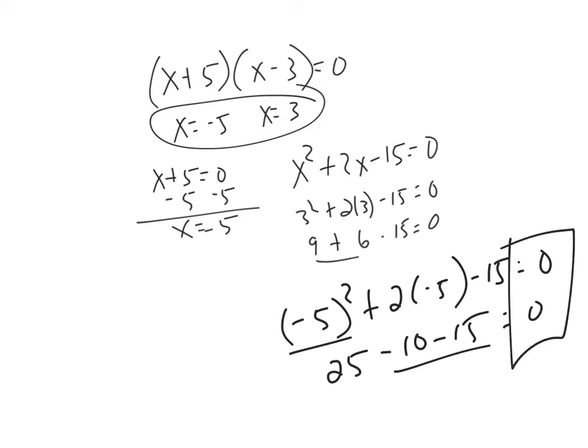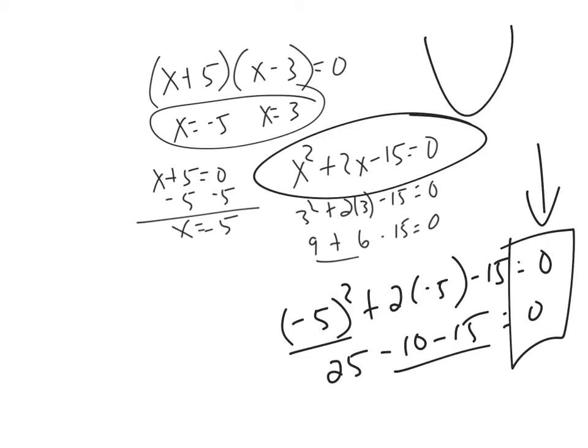I'll just talk about the significance of the equaling 0. This graph is a parabola. It looks like that, one of those shapes, or like an upside down St. Louis arch. It's not really a parabola, but it looks like one.